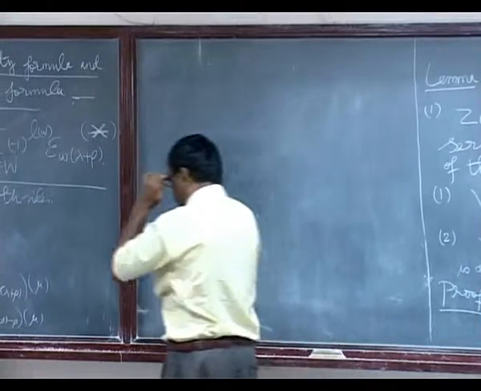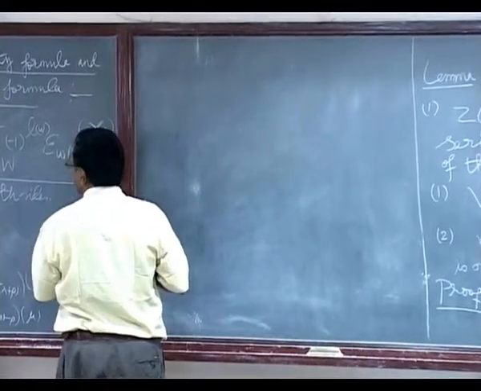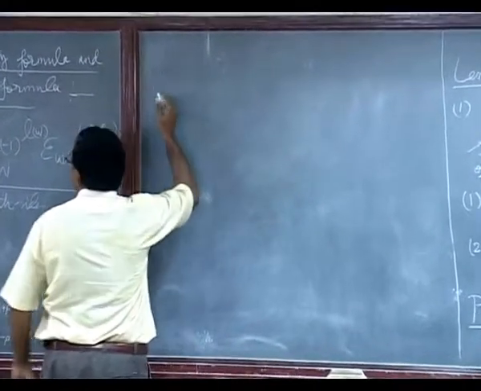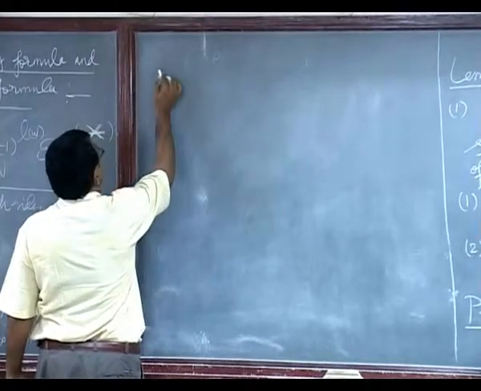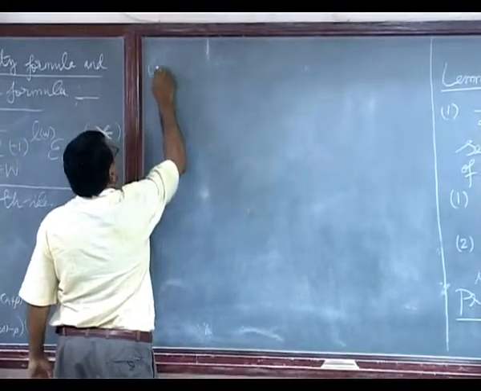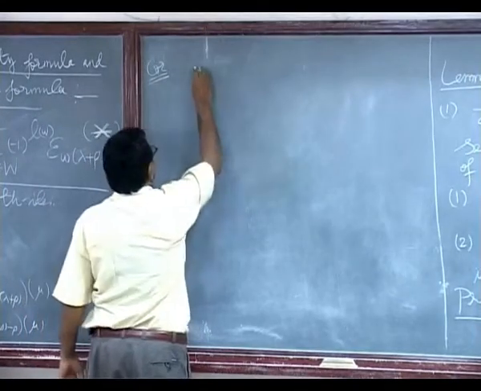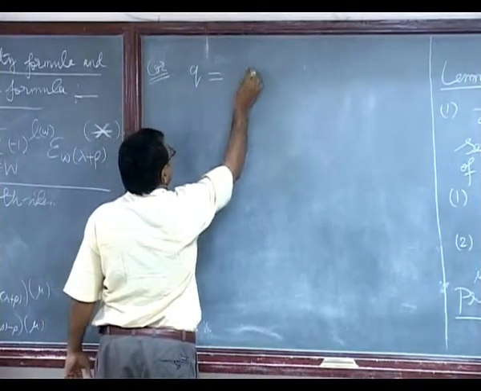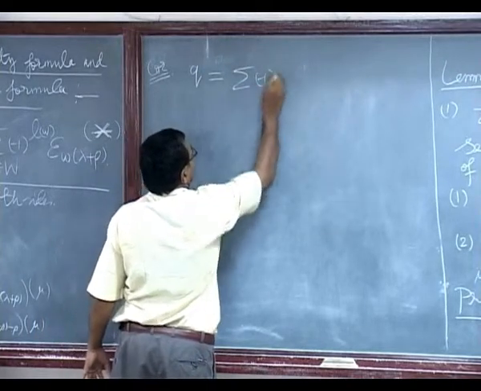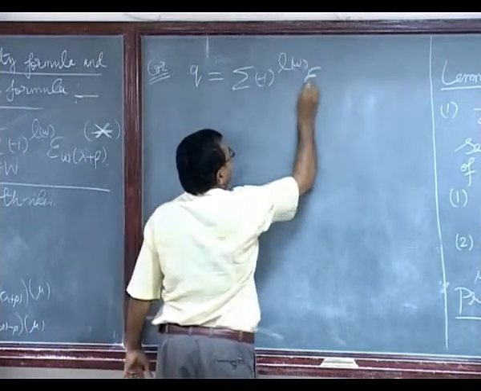Okay, so now this formula is proved. Now the immediate corollary to this is that Q is minus 1 to the power length W epsilon W of rho.